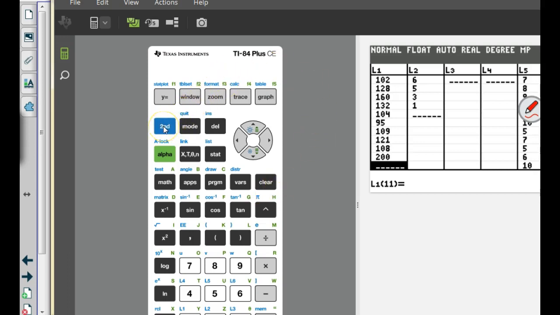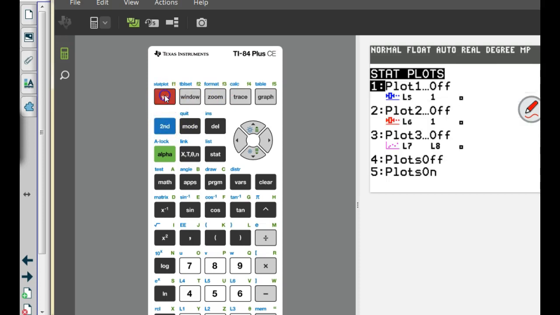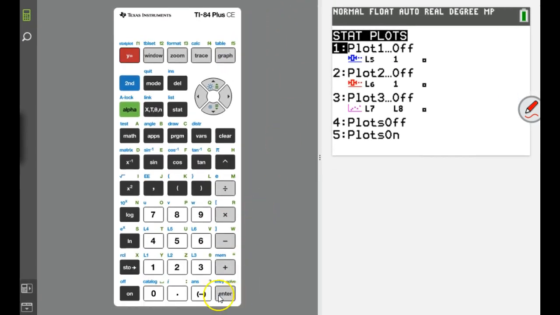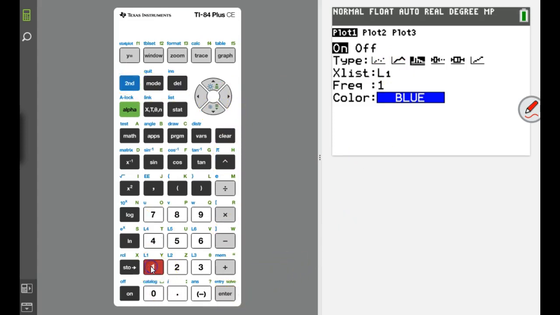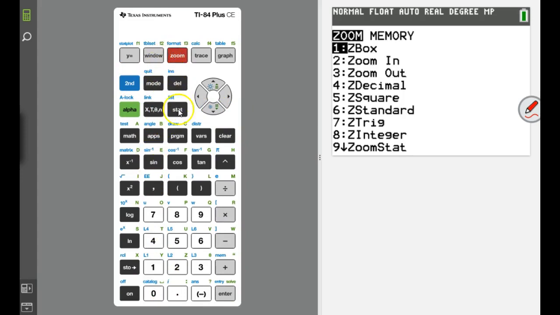What we did in class was we started with a histogram. So we did second, y equals, turn plot 1 on, and picked choice 3, the histogram. Make sure it says list 1. And then we did a zoom stat.